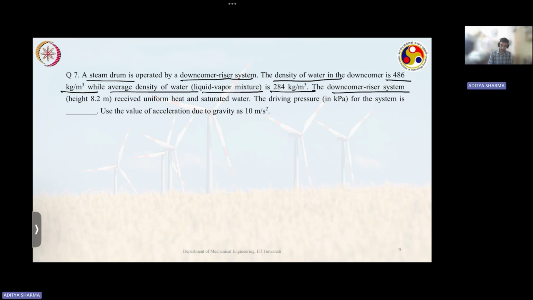And the downcomer riser system's height is 8.2 meters, which is receiving a uniform heat and saturated water from your economizer.